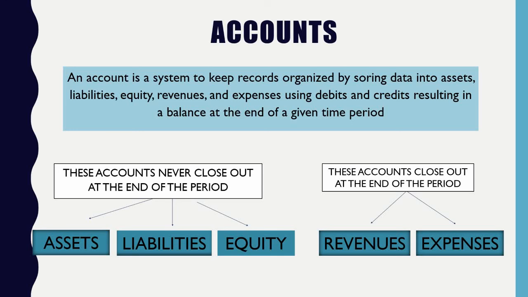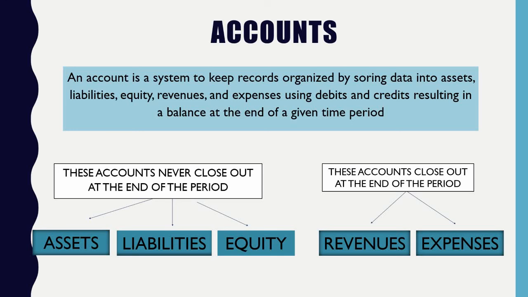When you reach the end of a given period, you never close it out, because if you close out your bank account, what does that tell us? It tells us that you closed your business. You can close your bank loan out, but they're still going to go after you for their money back. So these will never close out at the end of the given period.